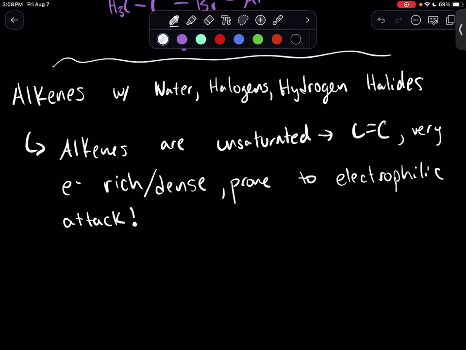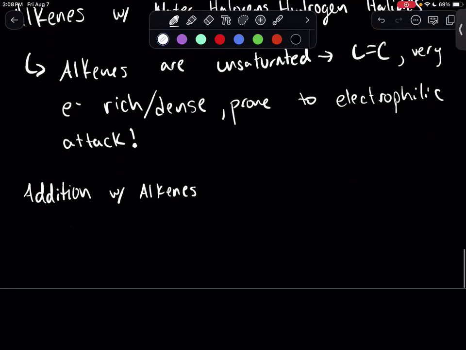So, for addition with alkenes, generally, we've got our carbon-carbon double bond and some R groups. These could be hydrogens or a longer carbon chain.